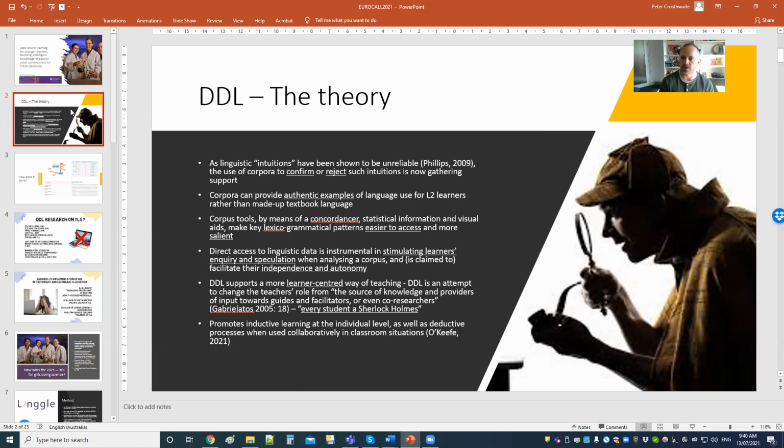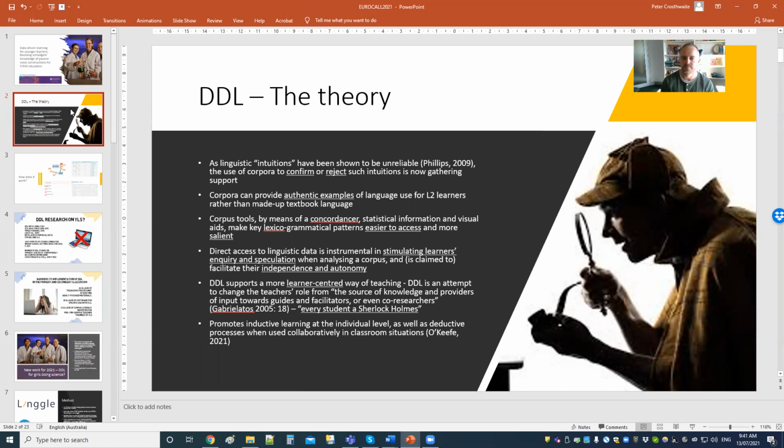They do this by consulting concordance information, where you search for a query term with some context to the left or right, or have that displayed in sentence view. But increasingly, with the tools that we have available, we've gone beyond concordances and have lots of other kinds of visual and statistical information to view as well that will help us confirm or deny those hypotheses we have about language.